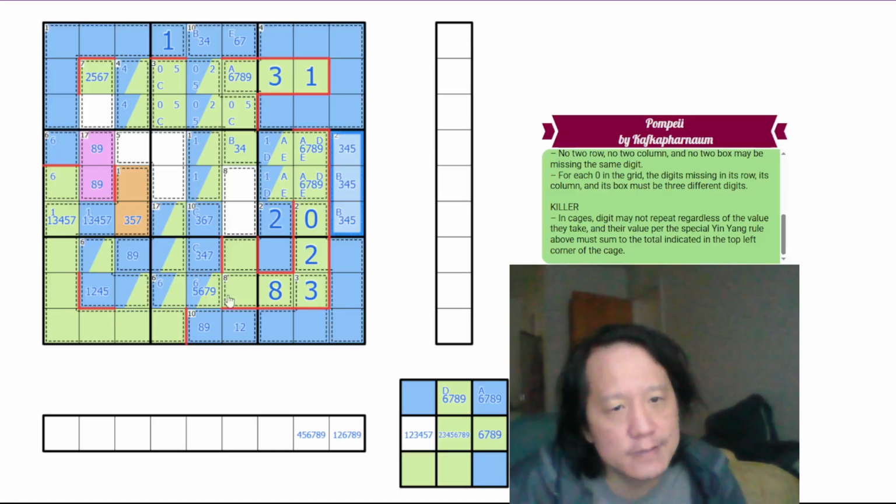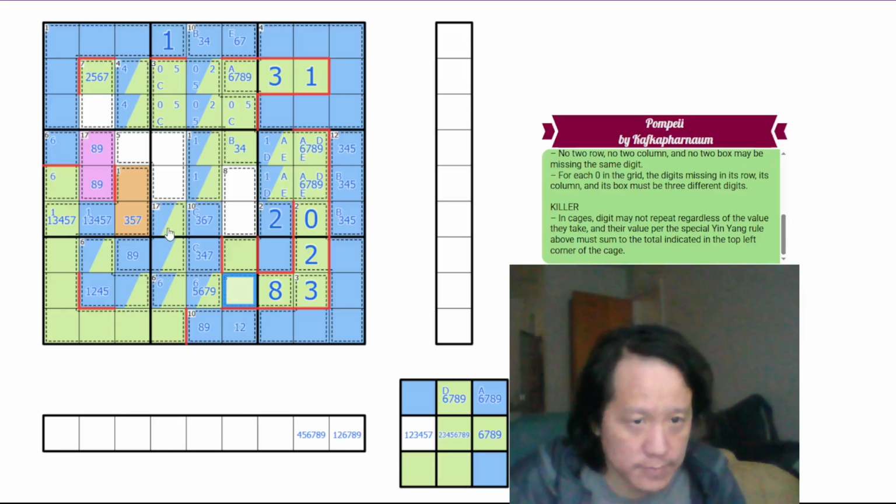One of these is 8 and 9. That doesn't help us. This is obviously not 1. That's not helpful either.